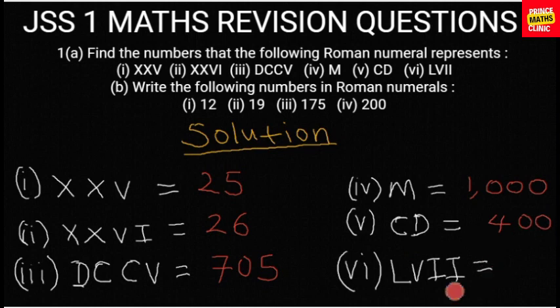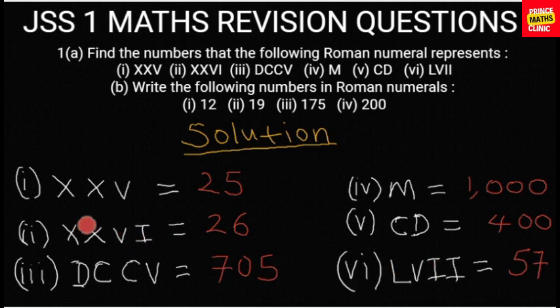Then here we have the numbers. L means what? 50. 5, 1, 1. So 55 plus 2 is 57. So that is what this question is all about.